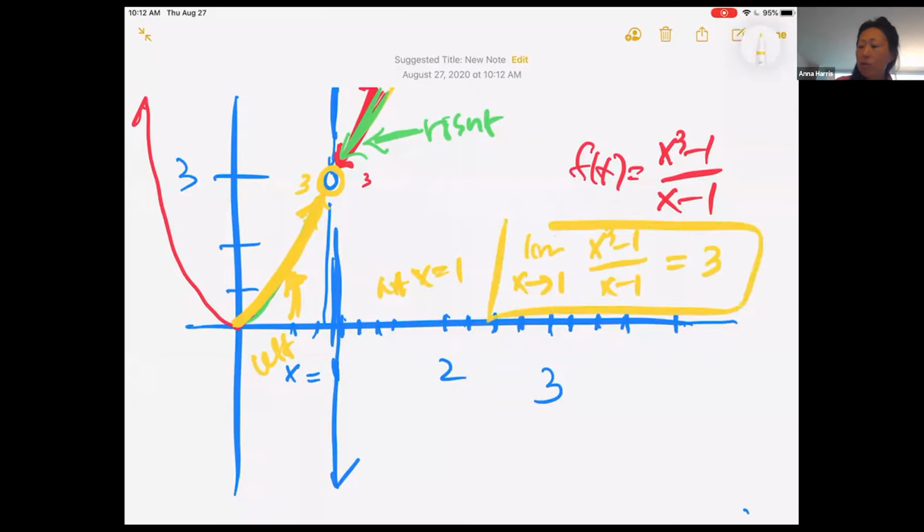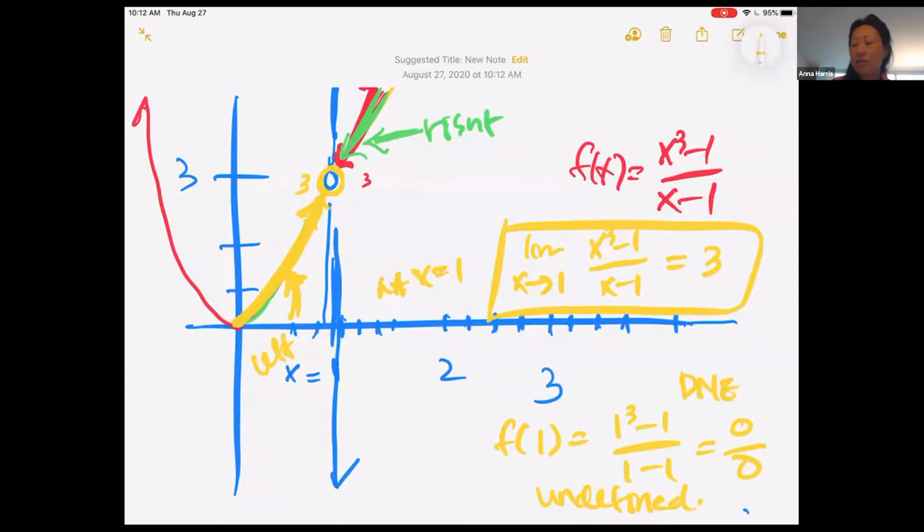Okay, I want you to remember again, I do not have f of 1 because, as I said, they give you 0 over 0, which is what? Undefined. Or you can say DNE, does not exist. So when you do your homework, you will see that.